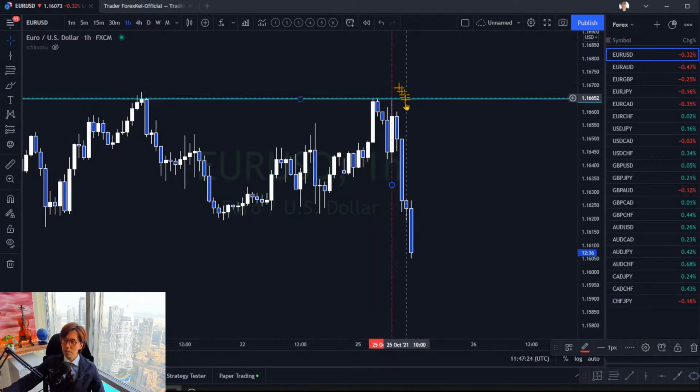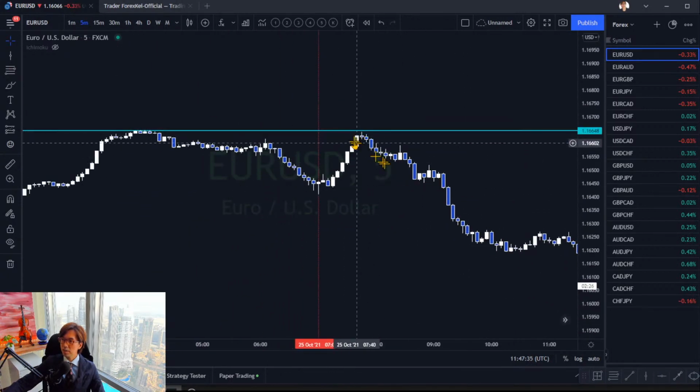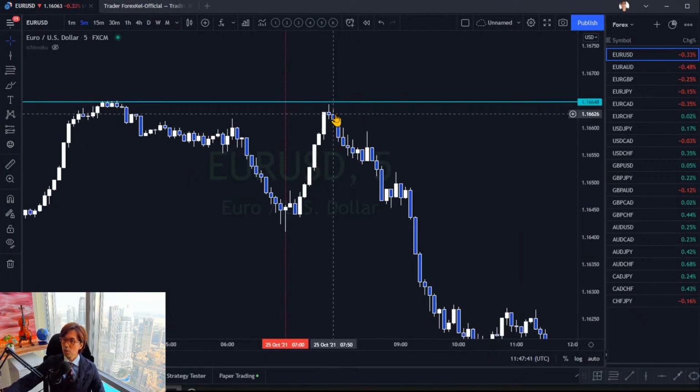In the 1 hour chart you only see one single wick pointing upwards, but if you break it down to the 5-minute chart, you also see a doji candlestick. If you look at multiple time frames, you will know exactly what happened on the wick in the 1 hour chart.